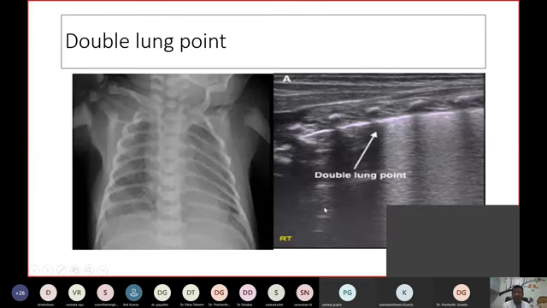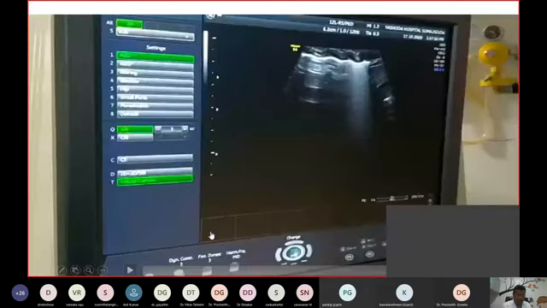Now you can see here I'm playing this video. We did it 2 days back after our last class in one of our patients. So you can see it's classic double lung point.